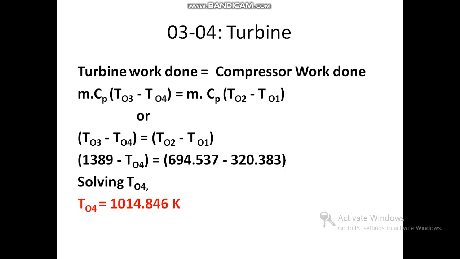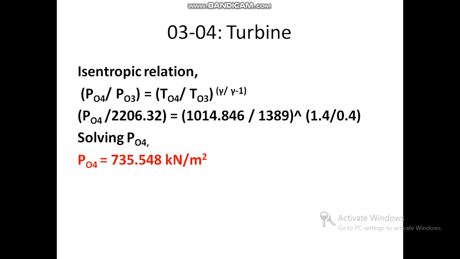For the turbine we have the maximum temperature of T03 and the minimum temperature of T04, and for the compressor we have a maximum temperature of T02 and the minimum temperature of T01. By cancelling the m cp on both sides, we get T03 minus T04 is equal to T02 minus T01. Again, by substituting the T03, T02 and T01 values and solving for T04, you will get T04 is equal to 1014.846 Kelvin.